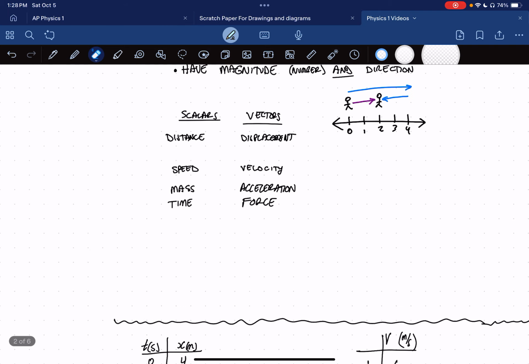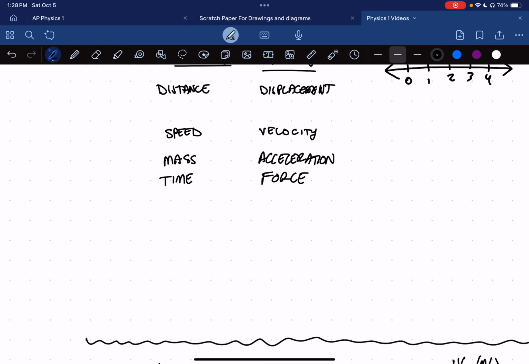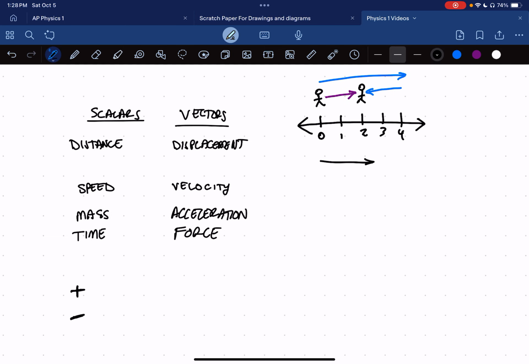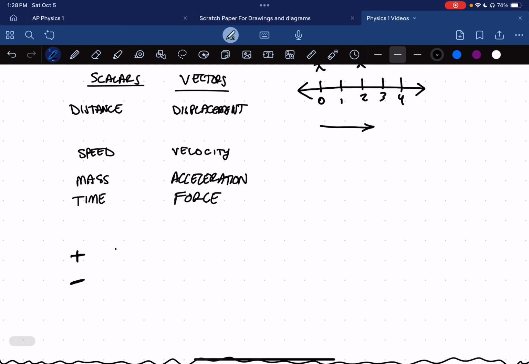While we're speaking about direction, it's important to note that when we do mathematics with this, we have to indicate our direction. Right now, we're going to use positive and negative to indicate direction. And this is only for this lesson and the next couple of lessons. If we're saying positive, what that means is I'm moving in the positive x direction, which we can say means forward or to the right.